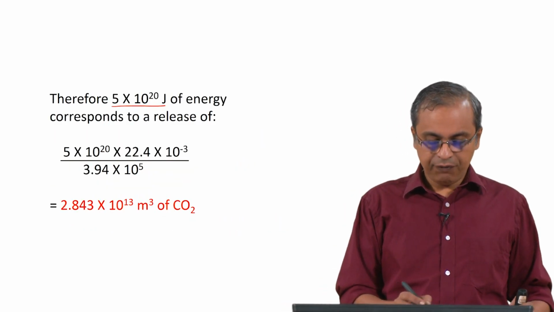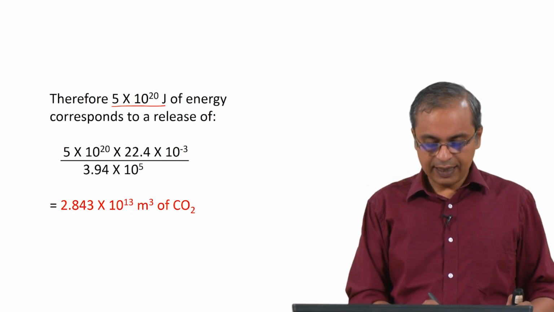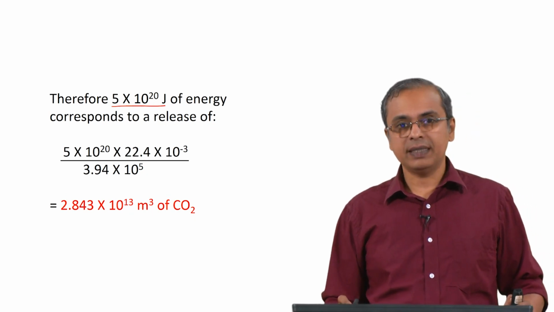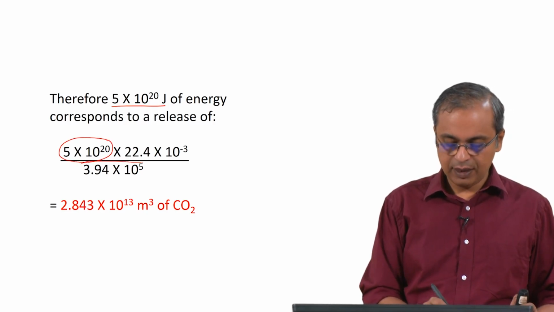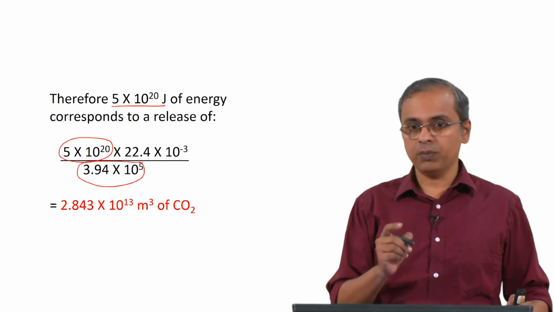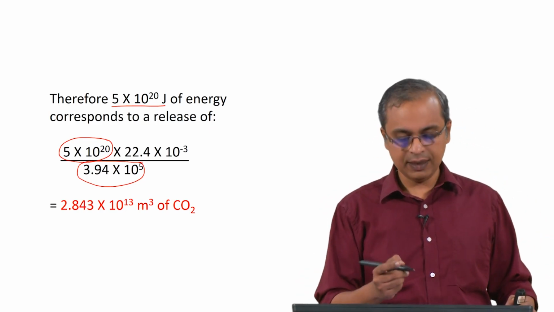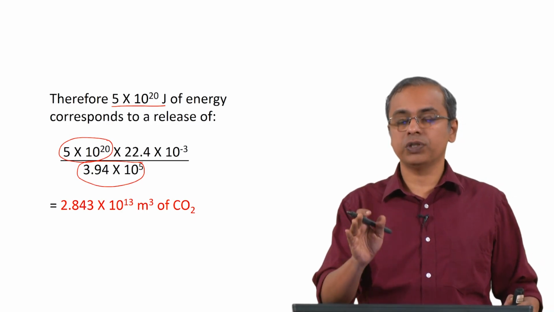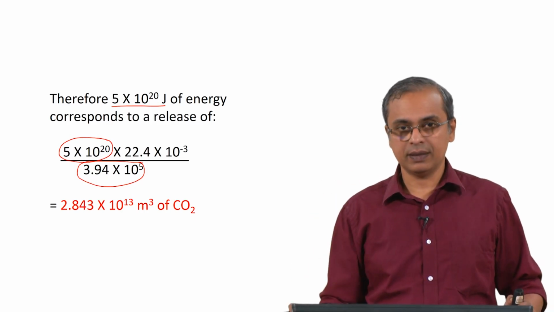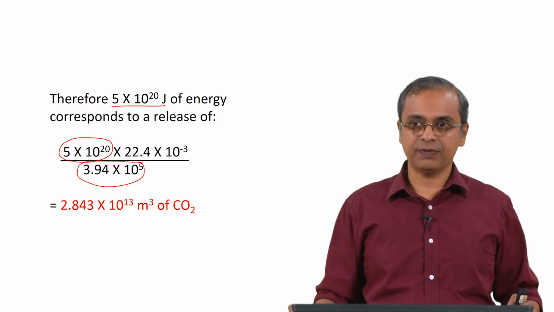So if you take the total energy that is required and divide it by the amount of energy released per mole of CO2, between these two you will get the total number of moles of CO2 that is being released into the atmosphere.